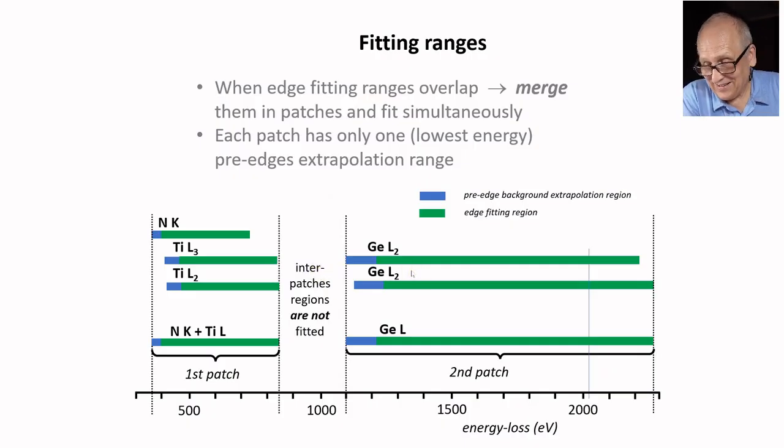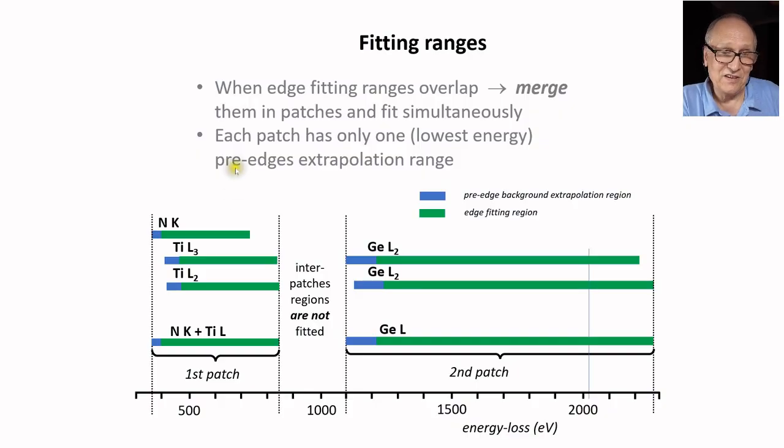To make the story a bit more complicated, there is also another range, the so-called pre-edge range, which is normally used to extrapolate the background from before an edge. These ranges should also be defined, and we define them also in logarithmic scale.